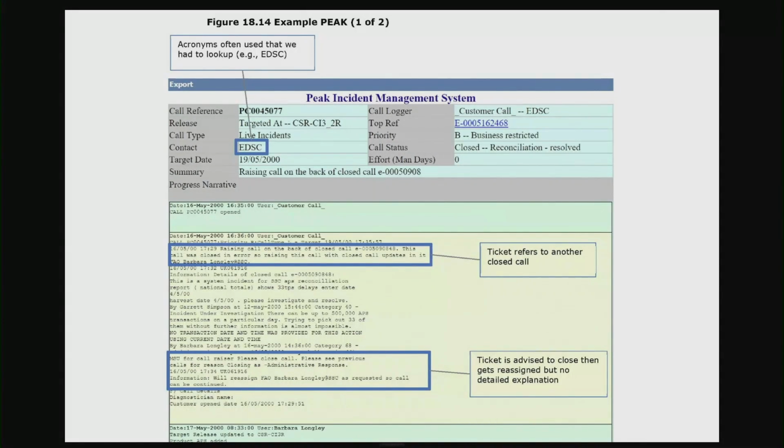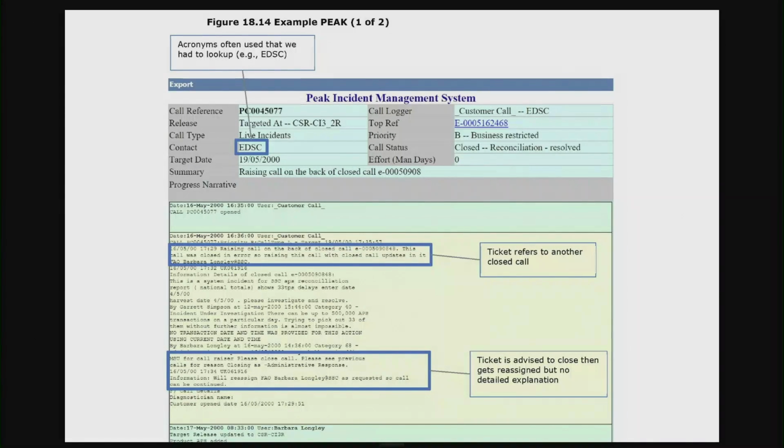Can you just talk us through the four or five lines at the head of the peak and what information we're being provided with there? Certainly. So we see the call reference, a unique identifier for this peak. The release for resolving this peak appears to be targeted at the CSR C13_2R.